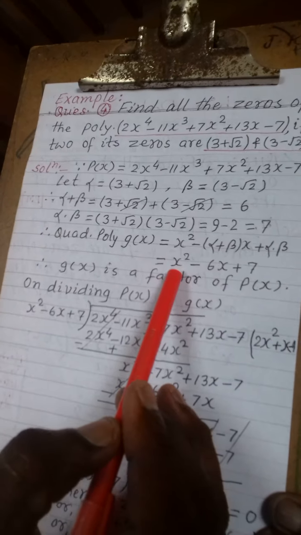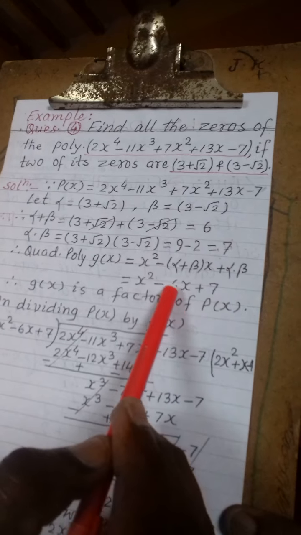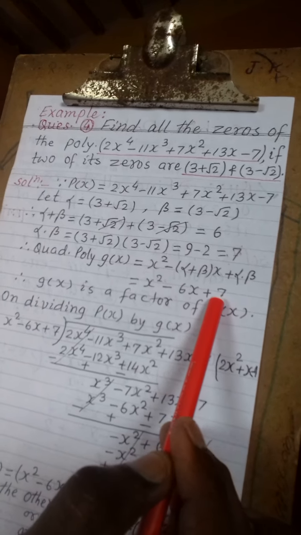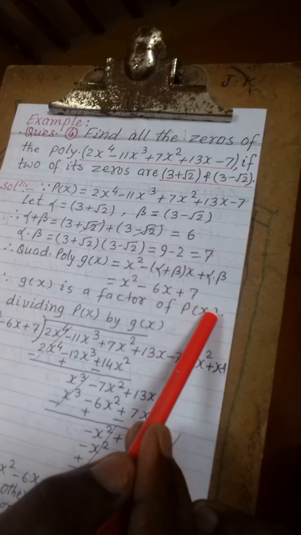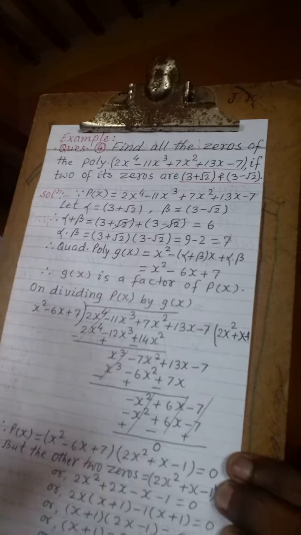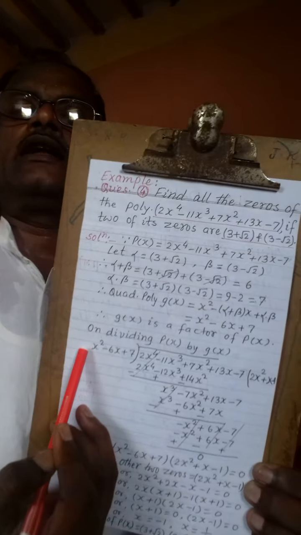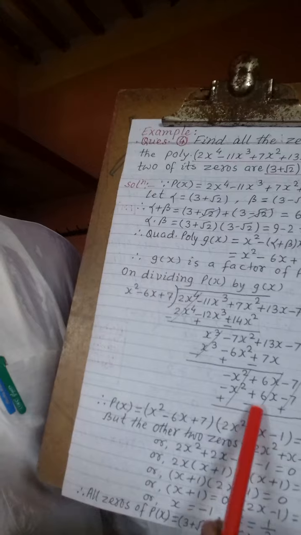Here this will be x^2 minus 6x, since the sum is 6, plus 7, since the product is 7. Now g(x) is a factor of p(x), so we will divide p(x) by g(x) to find another factor. You can watch the division process here.